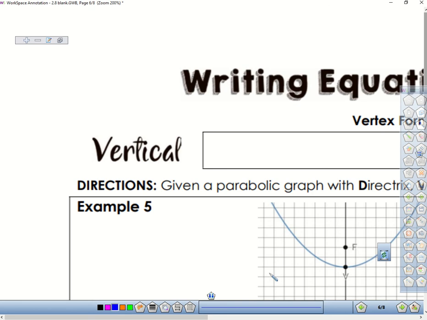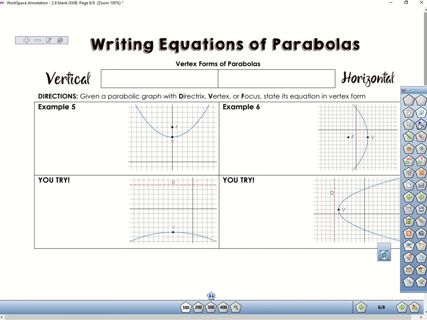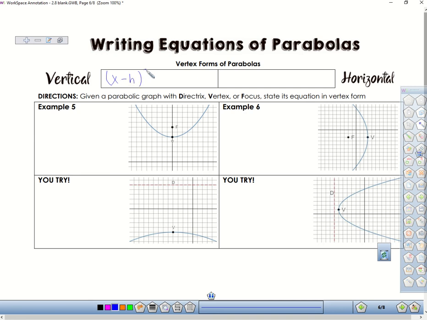So hang on a second. Okay. So in order to write an equation, you need to know what the general form for the equations are. So for the first one, for vertical, it's (x minus h) squared is equal to 4p times (y minus k).